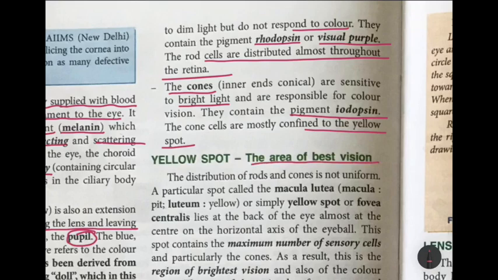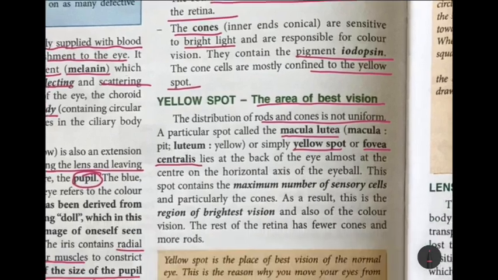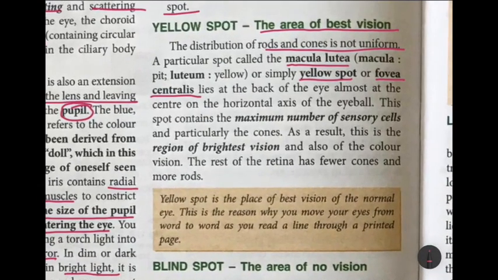Now, just now I told you that the rod cells are distributed throughout the retina. So you can see the distribution of the rods and cones is not uniform. There is a particular spot which is known as macula lutea, or simply yellow spot, or fovea centralis. So any of these three terms can come in your paper, so you must remember all three terms.